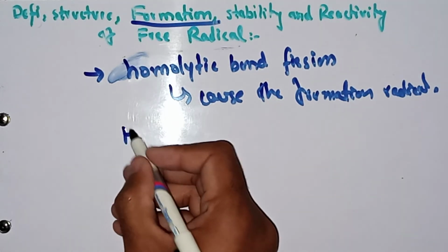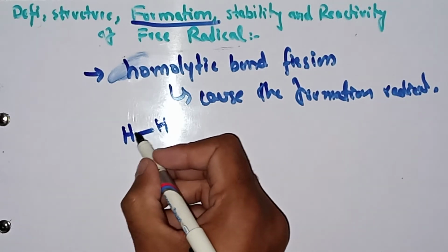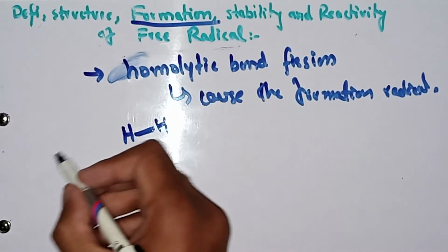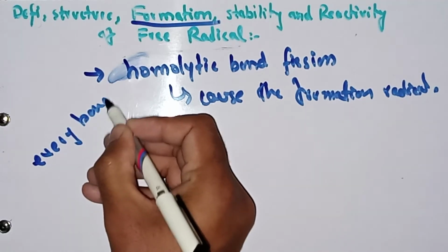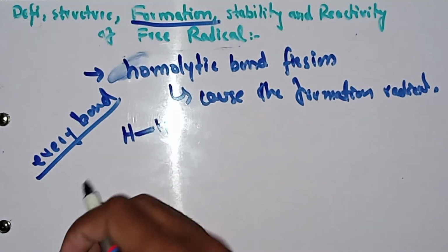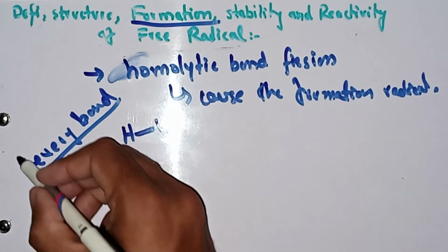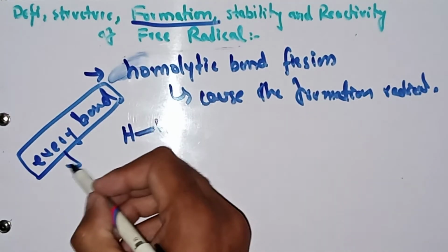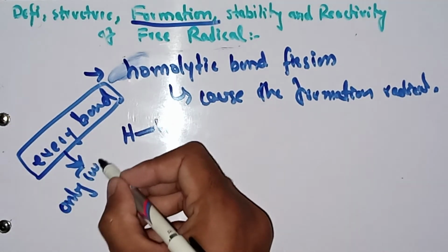Let's suppose this is one hydrogen, this is another hydrogen, and this is the bond. Every bond in chemistry, whether inorganic or organic, contains two electrons.